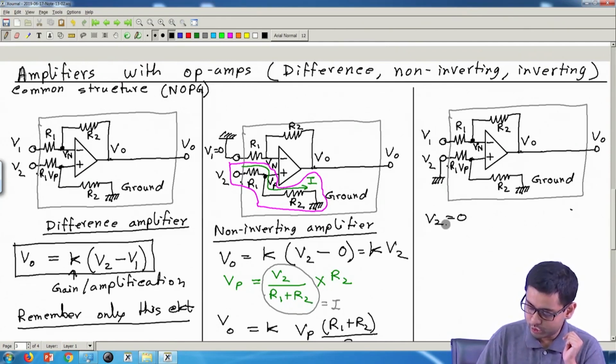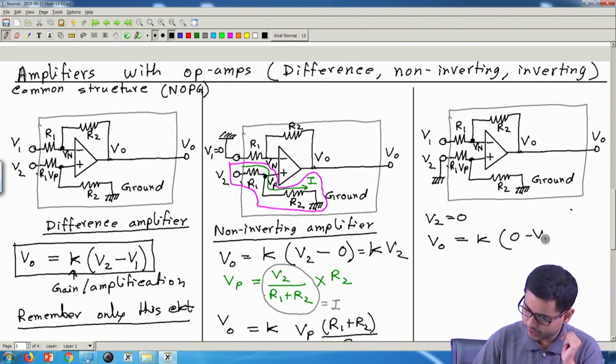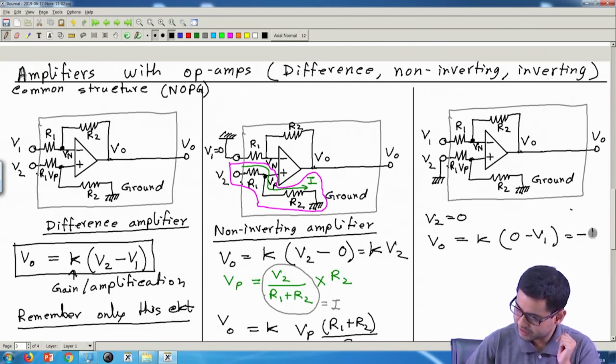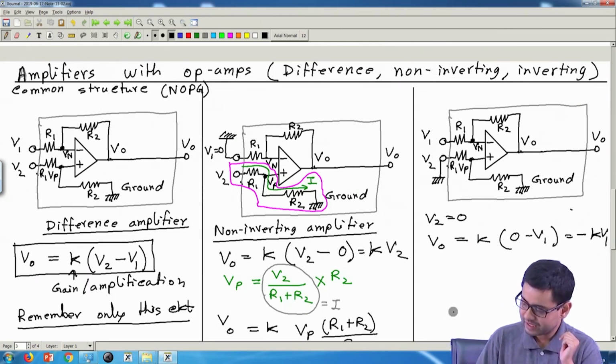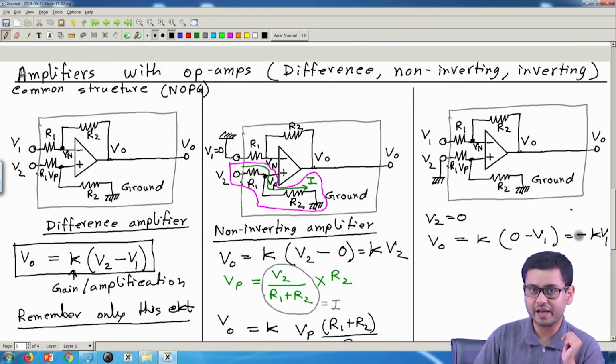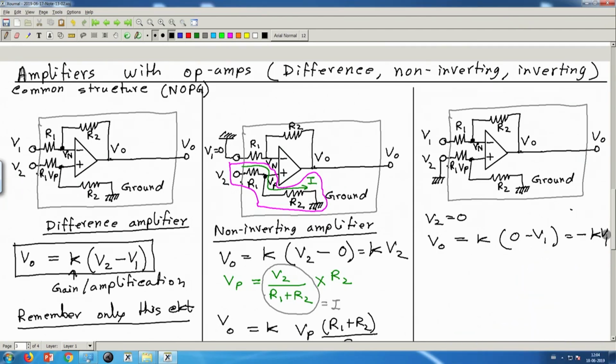If we do so, then the output VO will become K multiplied by V2 which is 0, so 0 minus V1, so this will become minus K V1, right? So you observe that output is proportional to input 1 and it's opposite to input 1 because of this minus sign. So if input is positive, output will be negative, and vice versa.